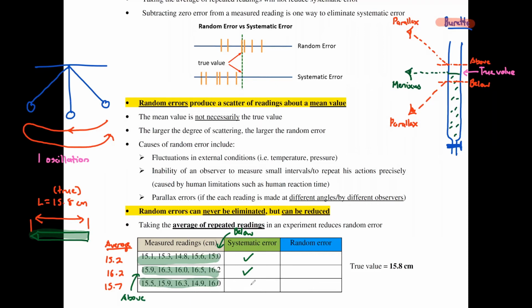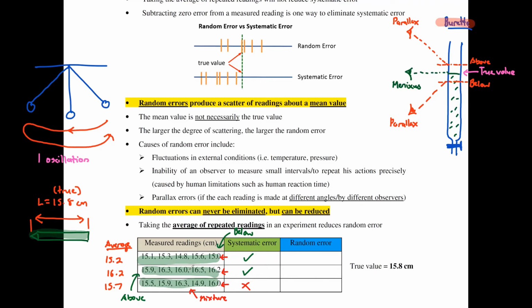However, the last set of readings had no systematic error because it consisted of a mixture of values above and below the true value.